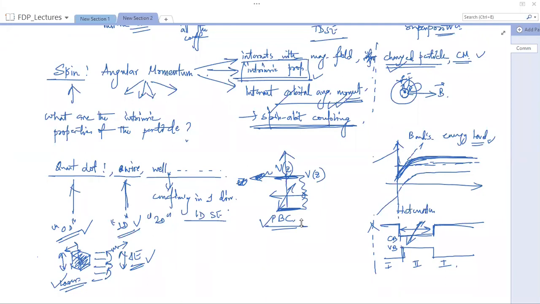We don't need that, because we are only interested in the energy eigenvalues. Once we know the energy eigenvalues, we know how any wave function will behave, because of the linearity property.